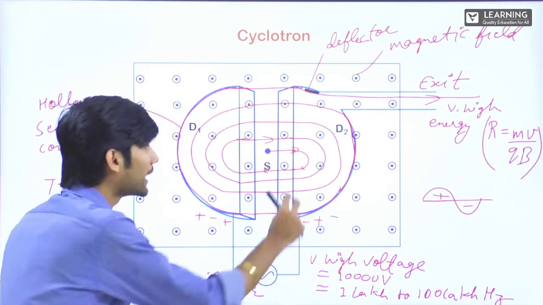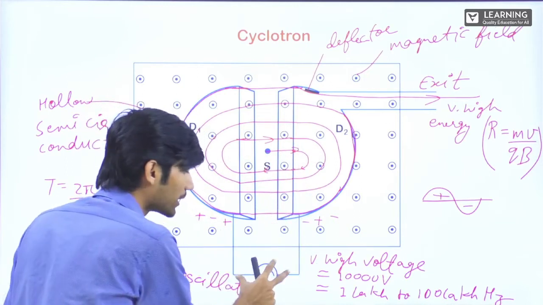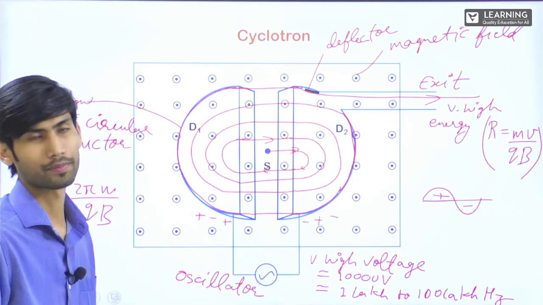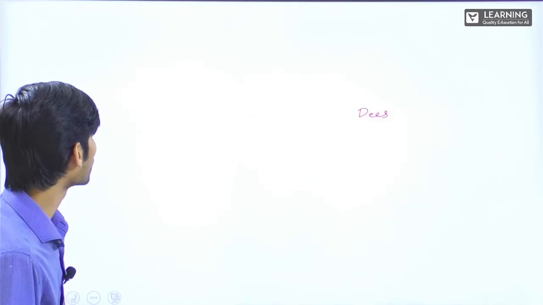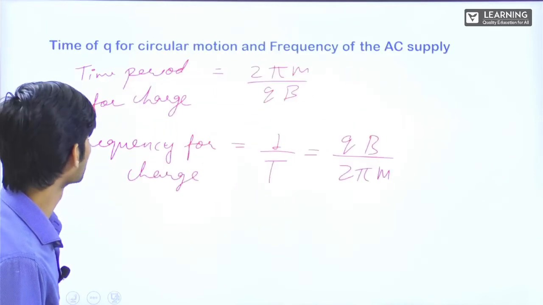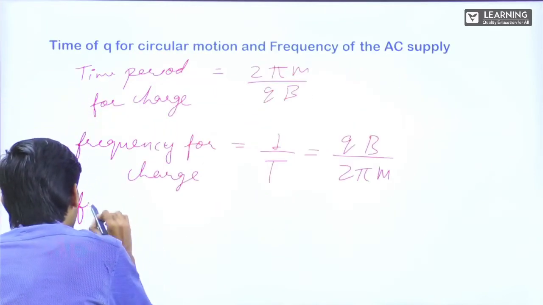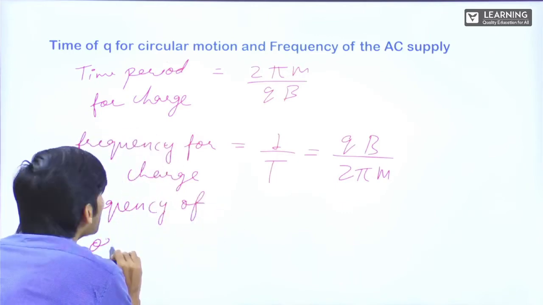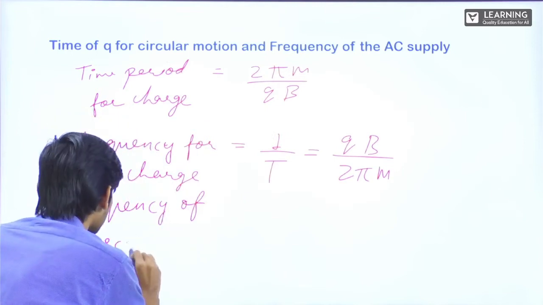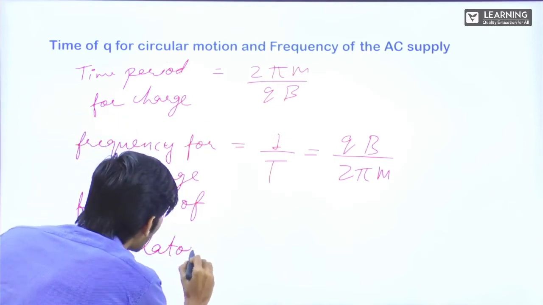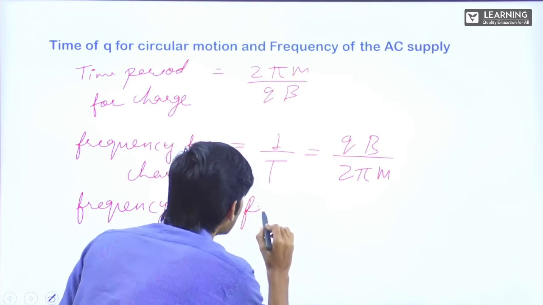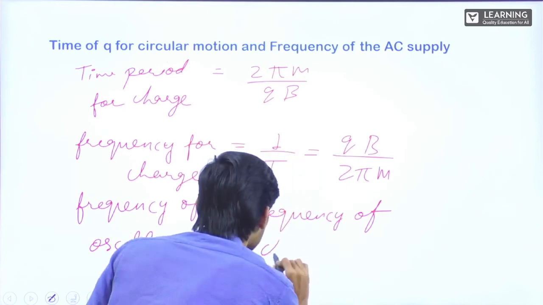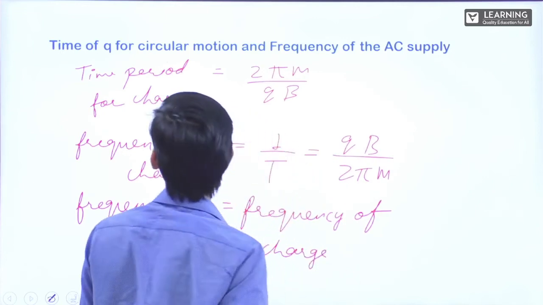Right? So the time period of this circle should be equal to the time period of this. That means the frequency of this charge should be equal to the frequency of this oscillator. Clear? So now frequency of oscillator or AC supply is equal to frequency of charge.